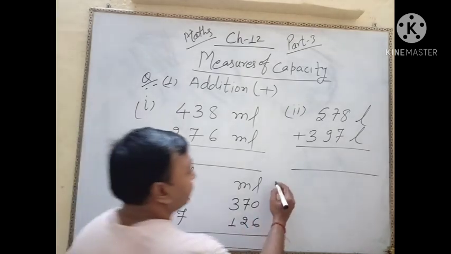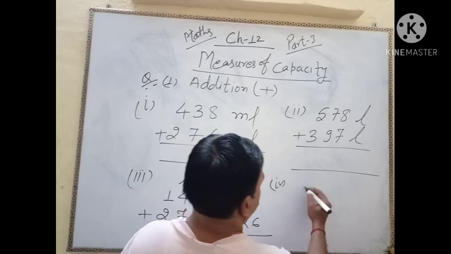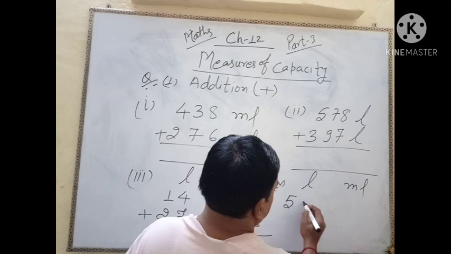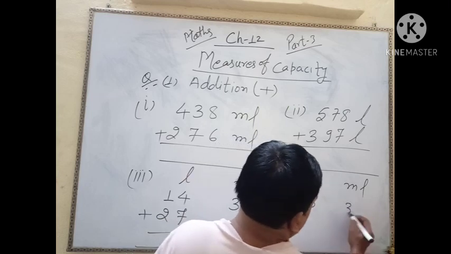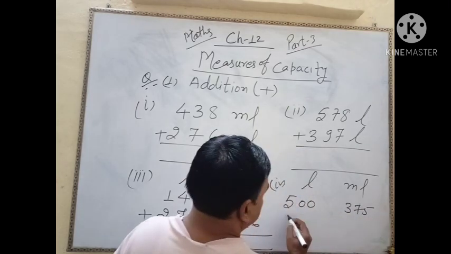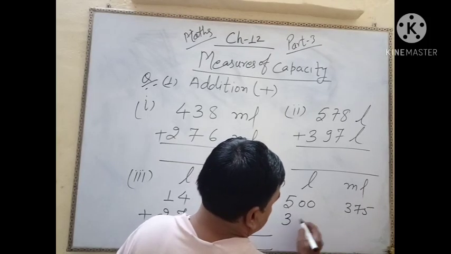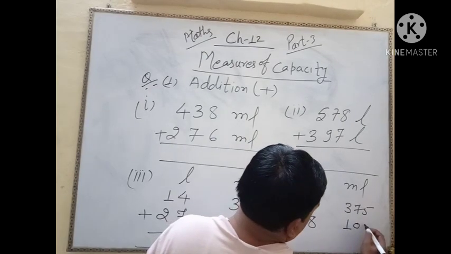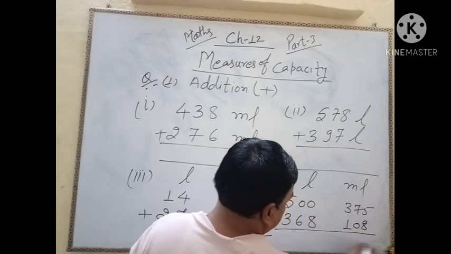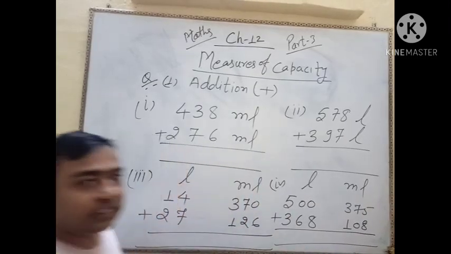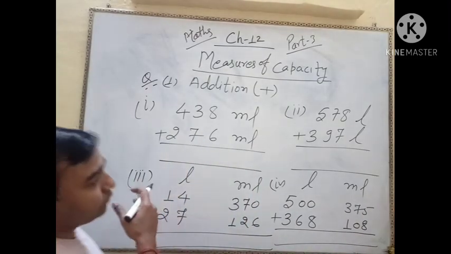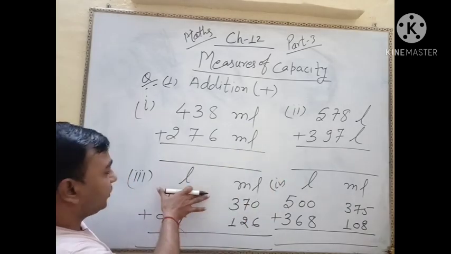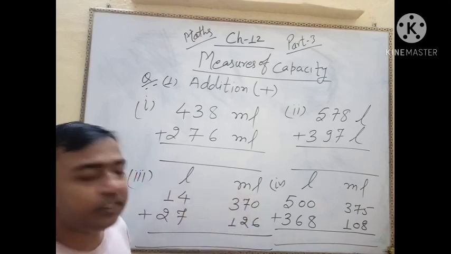Now question number 4 is liter and milliliter. 500 liter 375 milliliter, 368 liter 108 milliliter. So you can see that I have written 4 questions. Question number 1 and 2 are milliliter and liter, and question number 3 and 4 are milliliter and liter both.